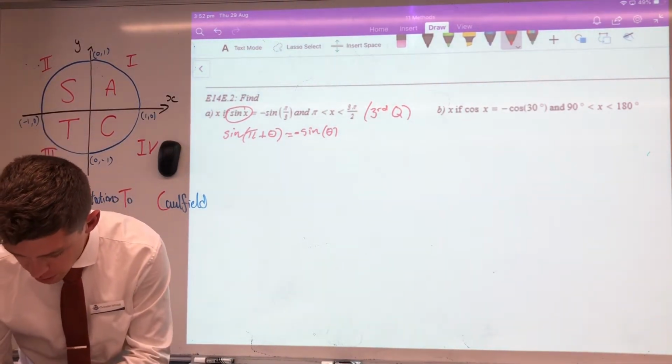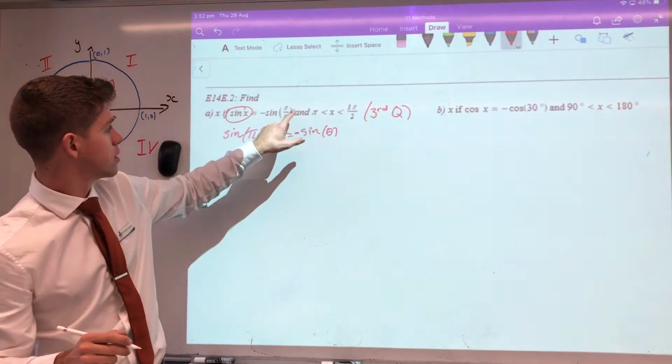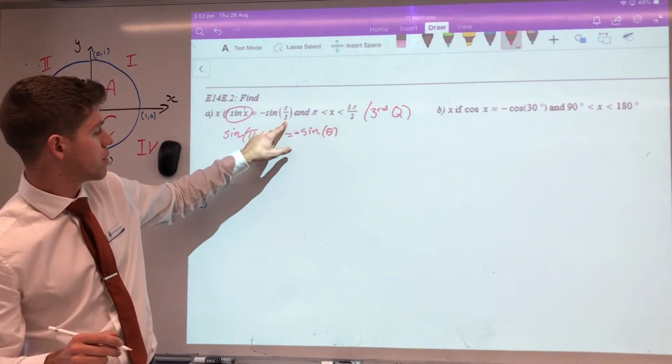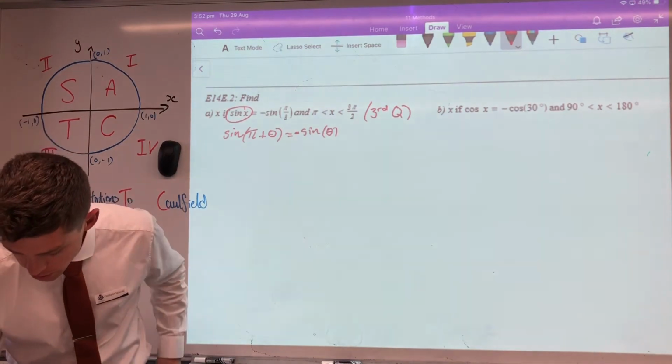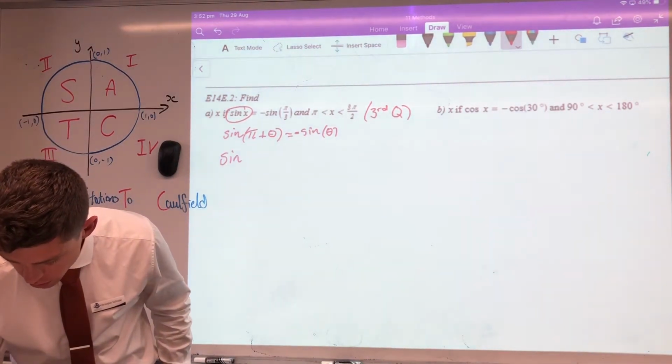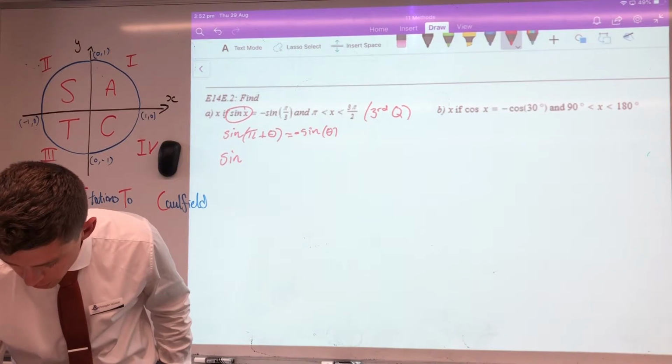So, we have also been given a value that we can use here and here. So let's substitute in theta for pi on 3.